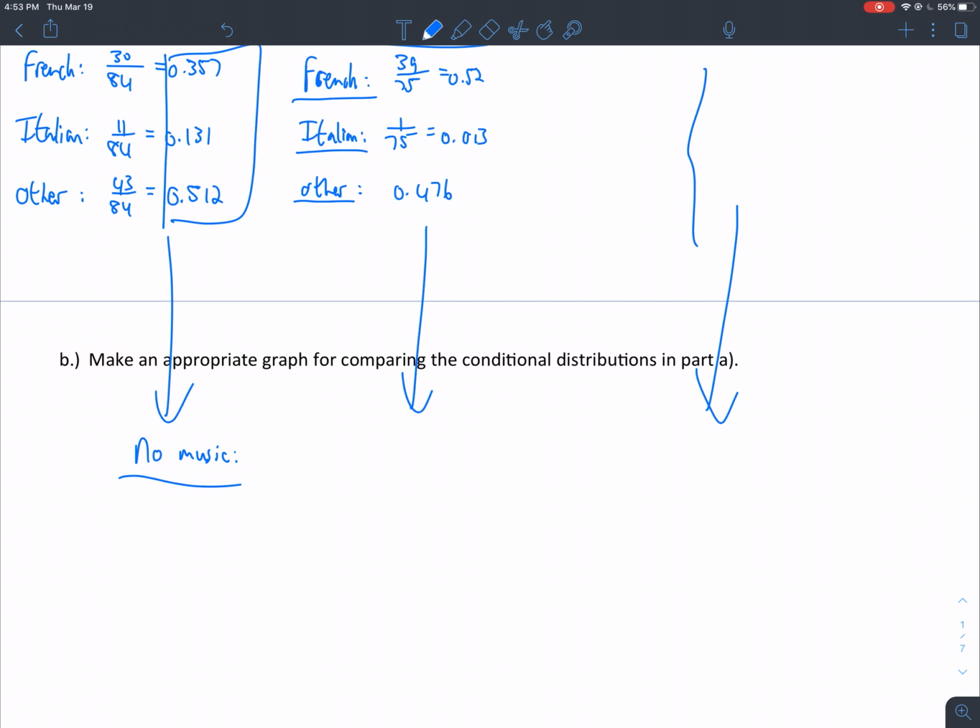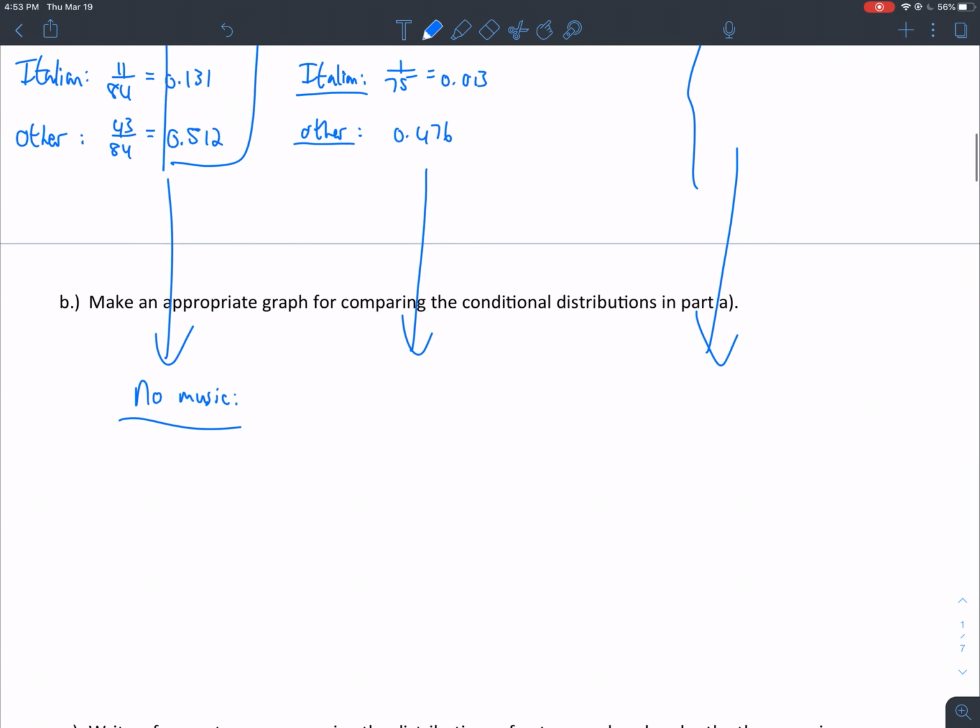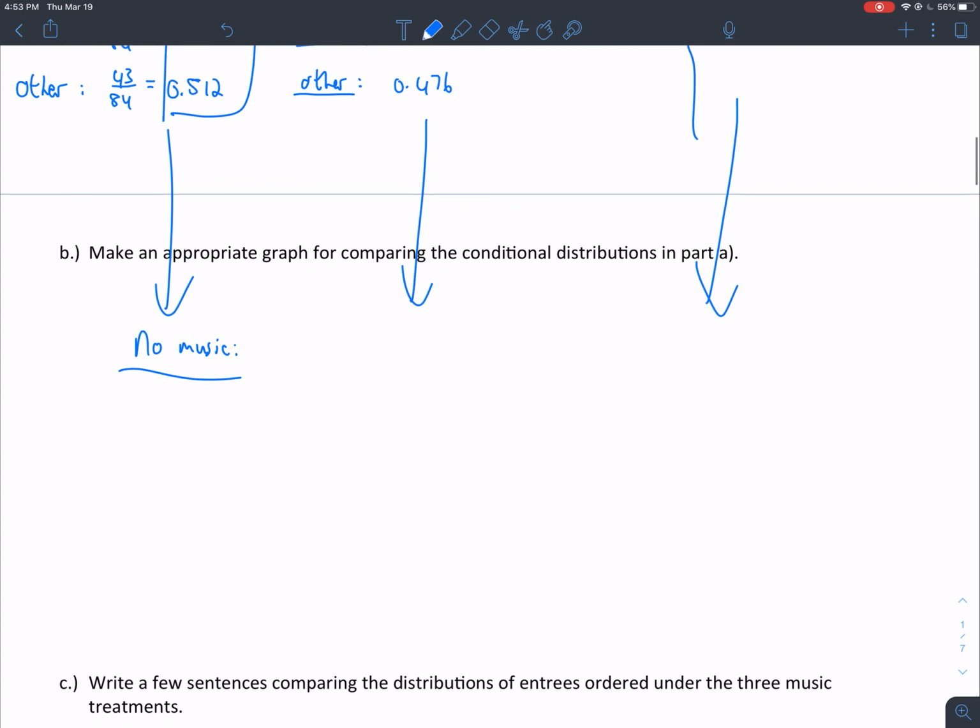So what we want to do is do something like this: bar graph. Bars don't touch. Okay, bar graph. Bars don't touch. It's not a histogram. And then you would put your labels.